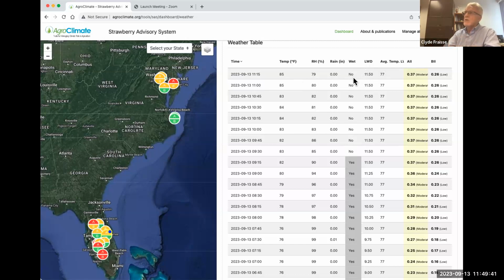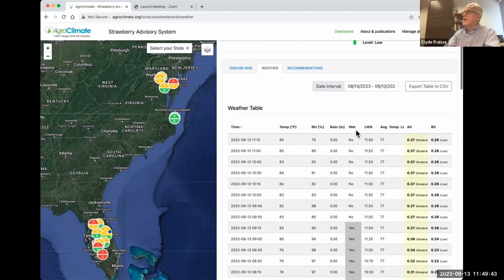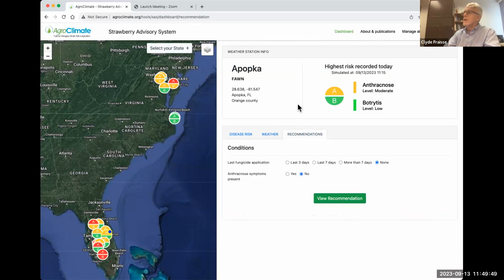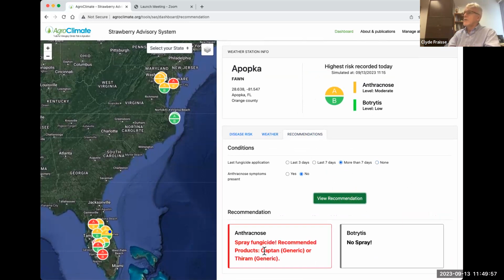After 4 hours, the risk will go to 0, and then we start accumulating again. And like I said, the recommendation is also here. If you have applied, let's say, during the last 7 days or more than 7 days ago, in the case of anthracnose, you would need to spray fungicide.